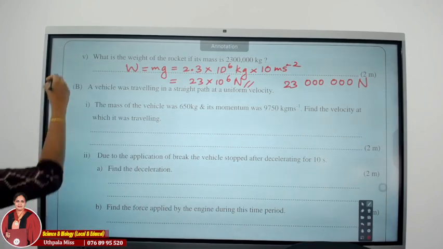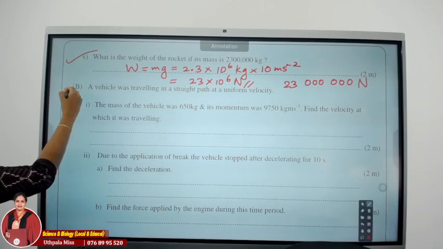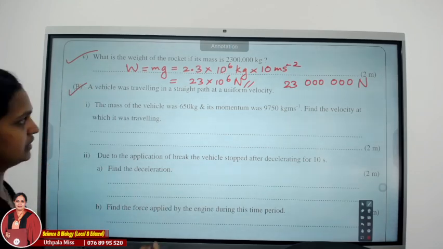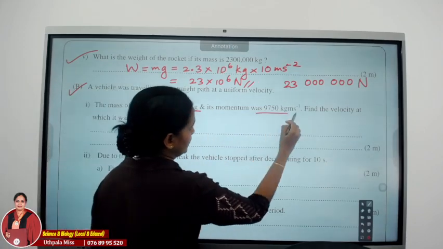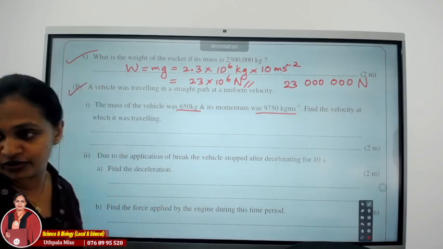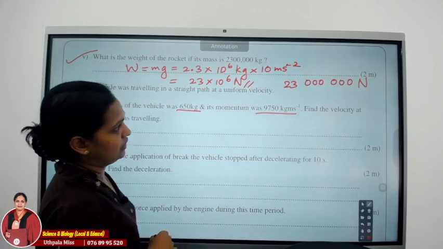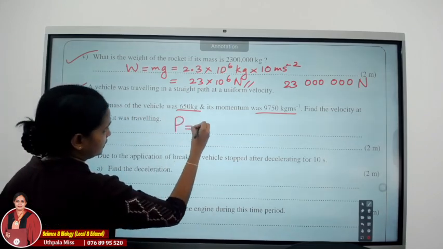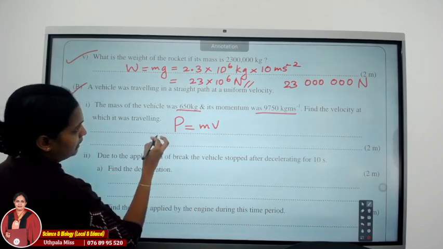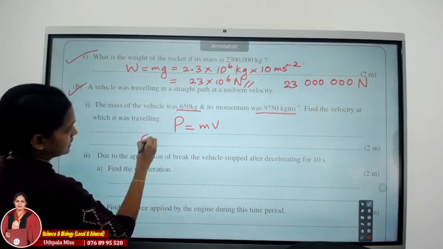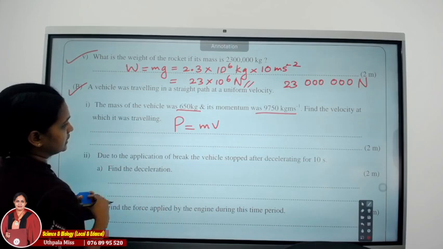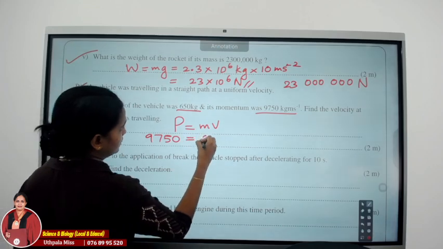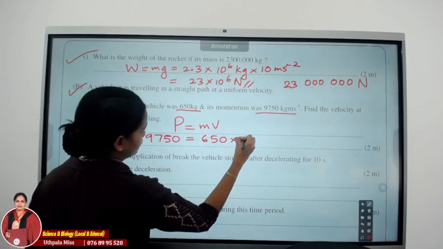A vehicle was traveling in a straight path at a uniform velocity. The mass of the vehicle was 650 kilograms and its momentum was 9,750 kgms minus 1. Find the velocity at which it was traveling. So you have to write the equation P equals mv. P is given as 9,750 kgms minus 1. The mass is given as 650 into v.